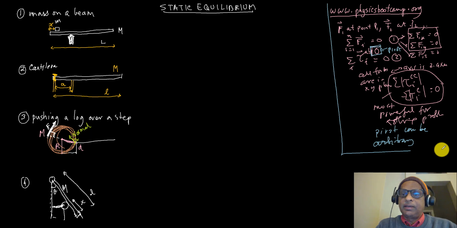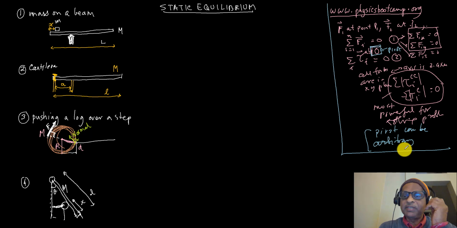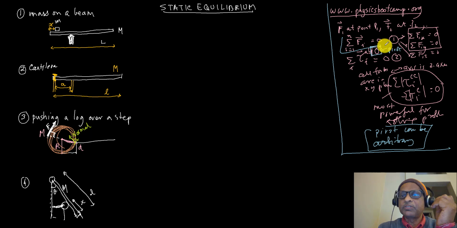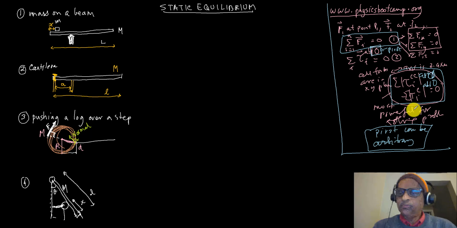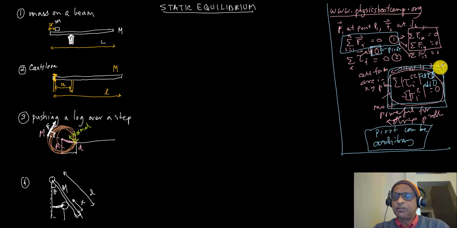The torque balance holds about any pivot. Because the pivot can be arbitrary, this is the most powerful way of solving problems. I can just keep picking pivots till I solve the problem. All right, so let's look at the problems now.